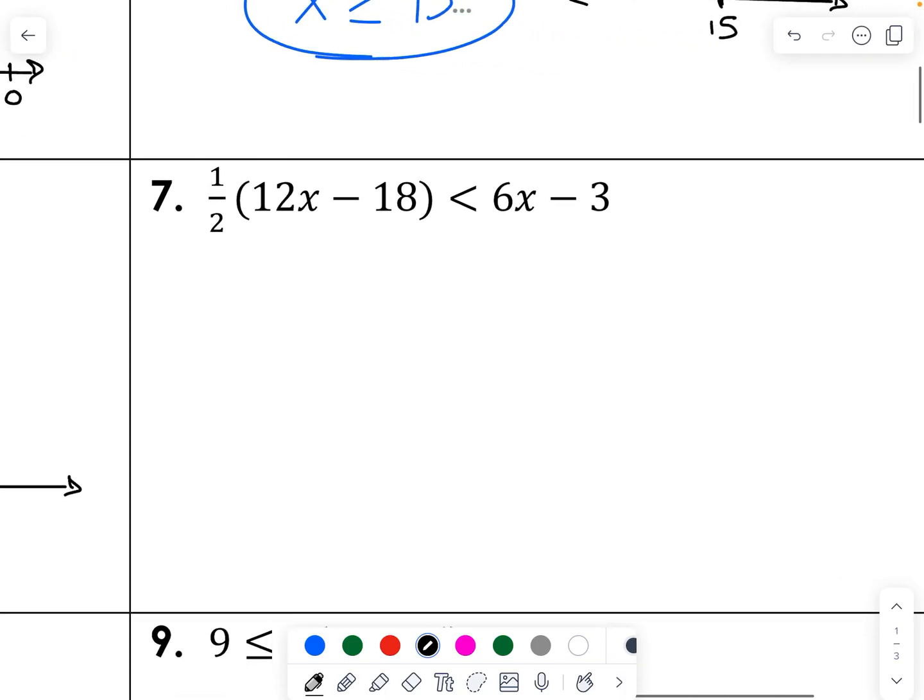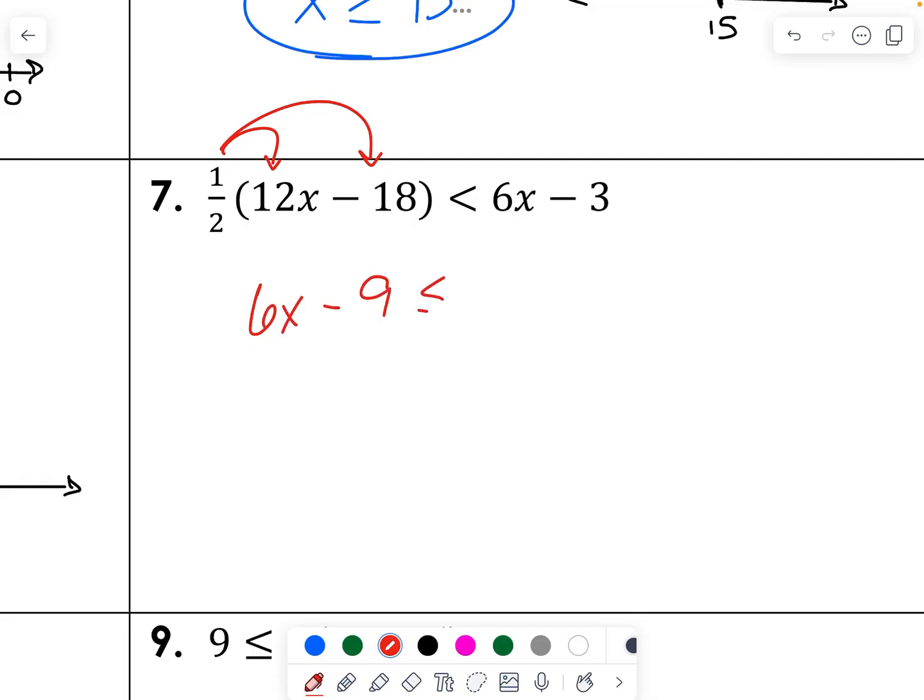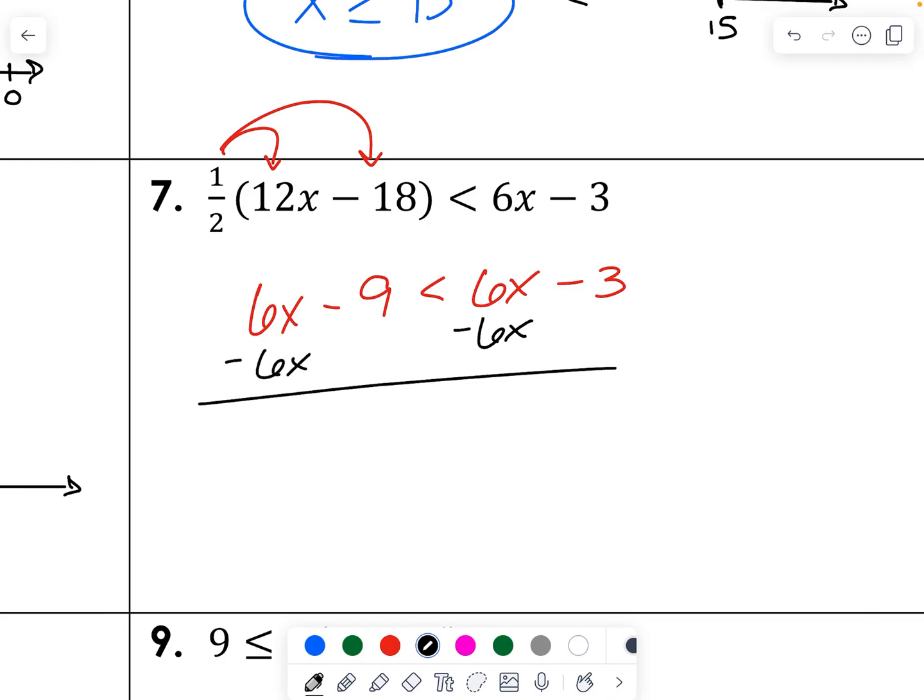And our last one here, again, we can do the same thing as what we do on any other normal equation. Distribute, half of 12 is 6, half of 18 is 9. And this one's going to be a little bit strange, because if I were to combine my like terms, I'm going to get negative 9 is less than negative 3.